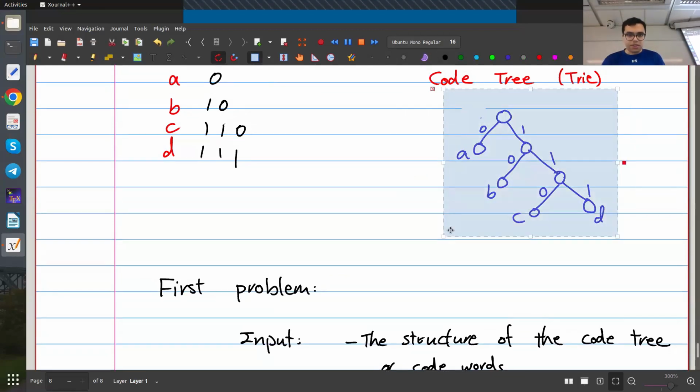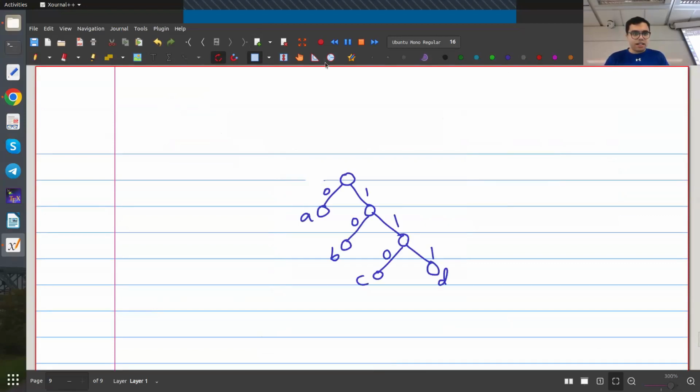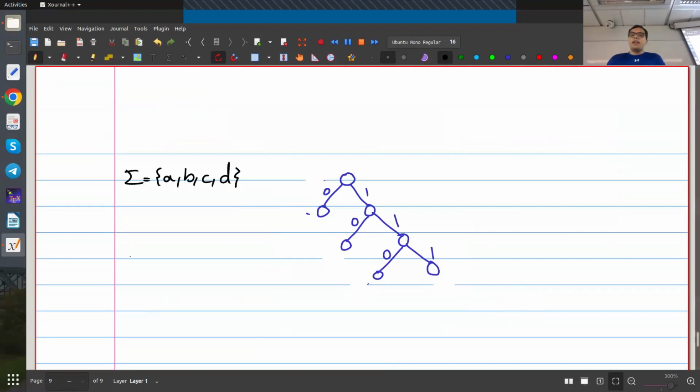So let me just copy this. In the input, I haven't told you where to put each letter. All I have told you is that my letters are, let's say, A, B, C, and D. And I tell you that the structure of the code is this.